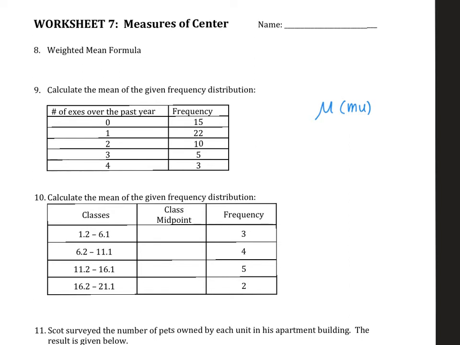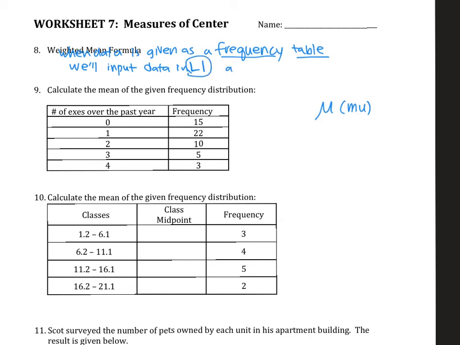So weighted mean formula. So here, when the data is given as a frequency table, we'll input our data in L1 on your calculator, and we also want to input frequency as well.